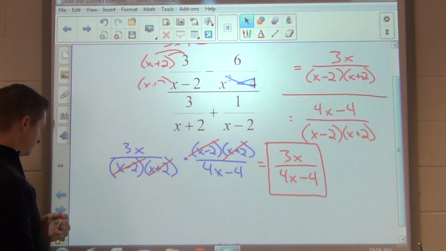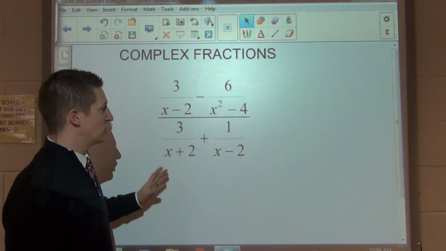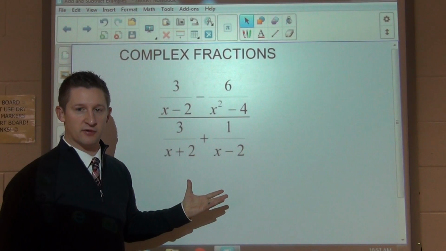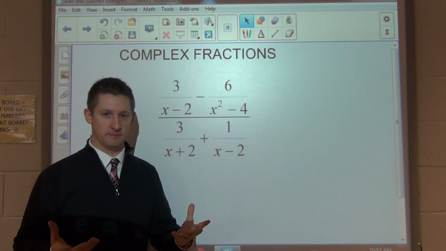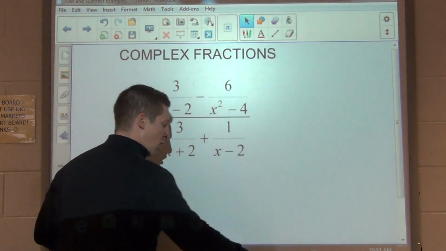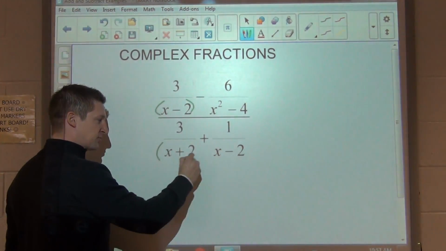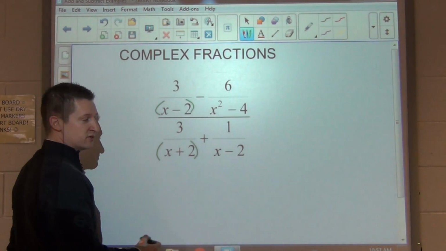Method 2, which should give us the exact same result, is to look at all of the fractions that make up our complex or stacked fraction and pick out the least common denominator of all of them. So looking at all four denominators, I see x minus 2 here, I see x plus 2 here, so I know that I'll have to have at least an x minus 2 and an x plus 2.